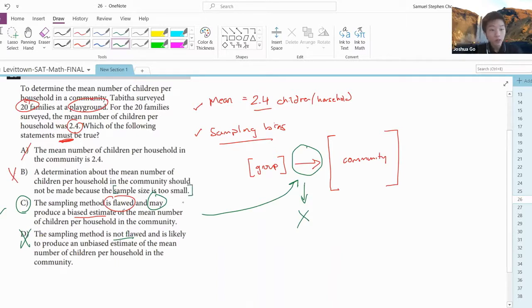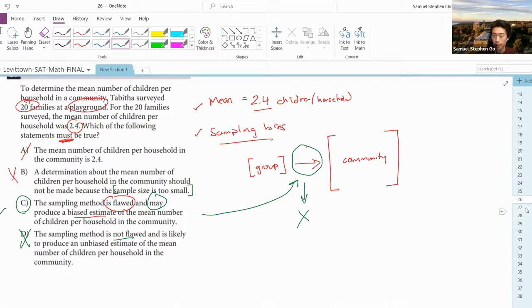For C, it says that the method in general is flawed because, for example, households don't have to contain children. If a household doesn't have any children, they would not be present at the park. So that's why this sampling method is flawed, and that's why we can safely assume that C is the right answer. Good, thank you.